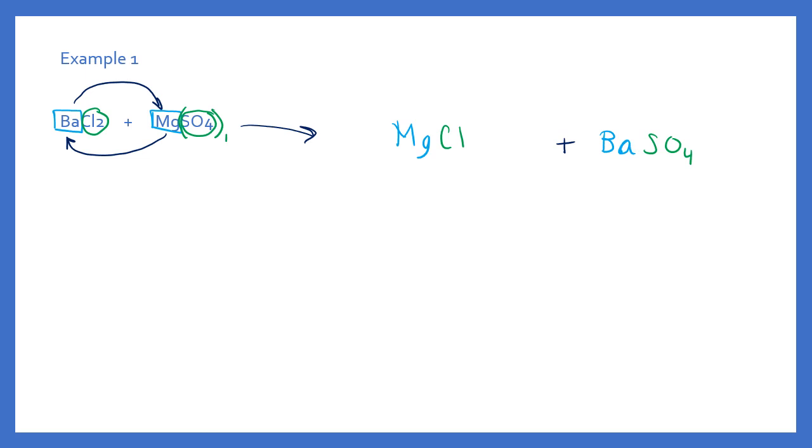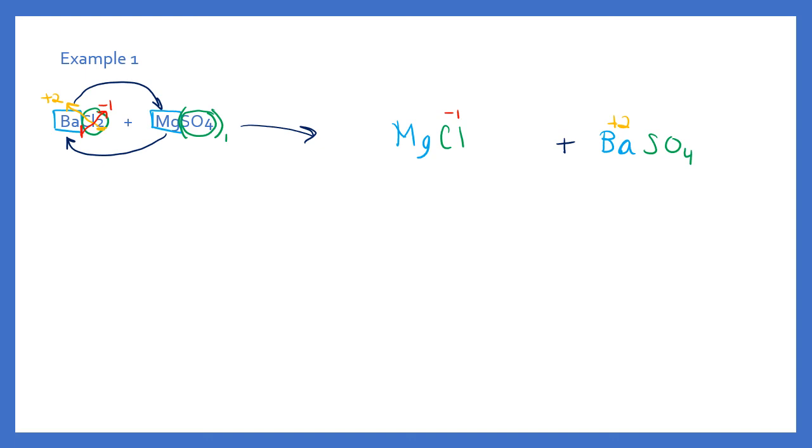Okay, now we need to look at our reactant side to determine our products. So I have a 1 here between the barium and the chlorine, and a 2 for the chlorine. The 2 reverse crisscrosses up, which tells me that barium takes a +2 charge. So I'm going to put that over there on the product side. And the 1 crisscrosses up, which tells me that chlorine takes a -1 charge.